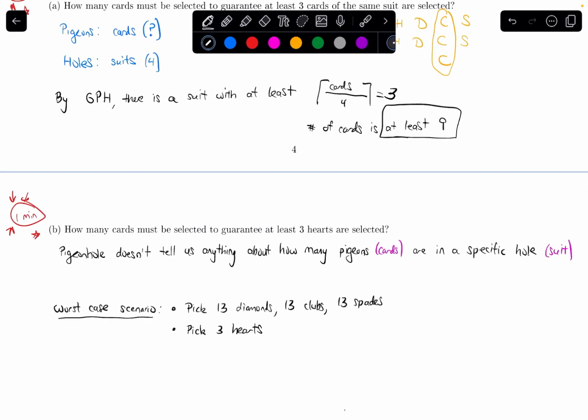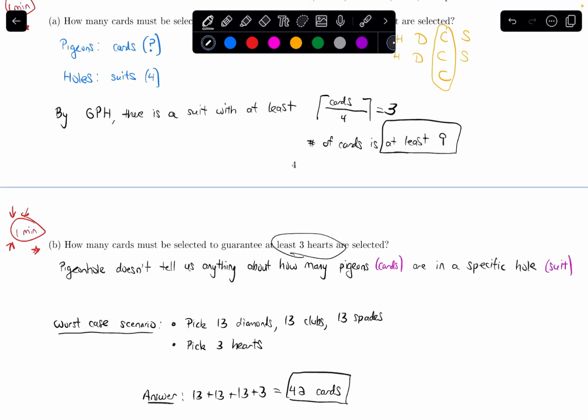So, what's the total? What is my answer here? I add these up, and I get 13 plus 13 plus 13 plus 3, which is 42. 42 cards. We have to pick at least 42 cards to be able to guarantee that we have at least 3 hearts.